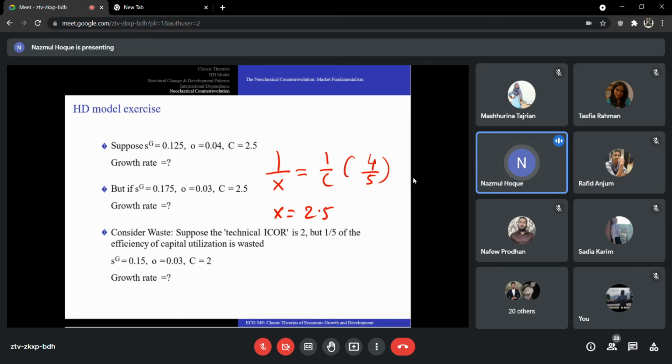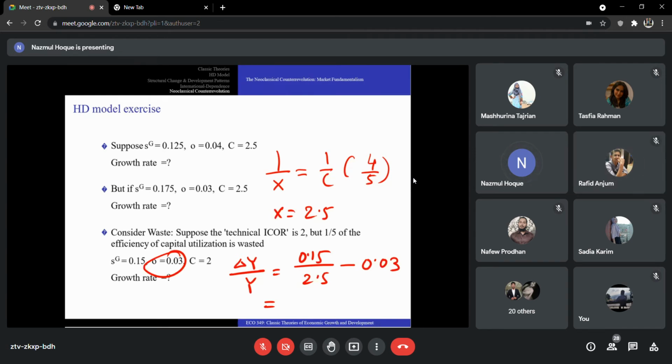So if your effective incremental capital output ratio is 2.5, the growth rate of output is 0.15 divided by 2.5 minus the 0.03. So what do we get here? Sir, 0.03. So that means 3%. So growth rate of output is going to be 3%.